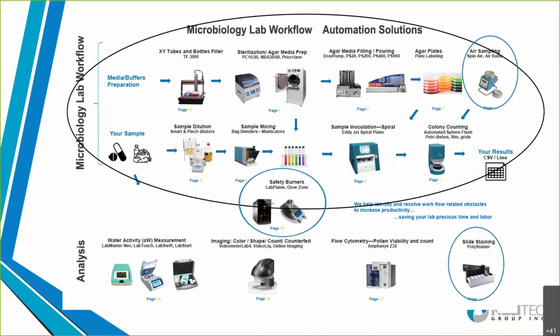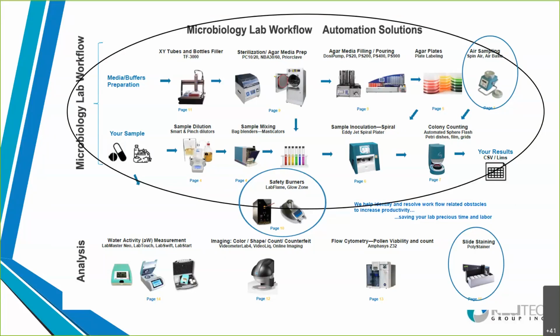In addition, a few solutions that I didn't mention but are related. We do provide an air sampling system where if you need to do any kind of environmental sampling, we can provide a solution for that, and then the results of that can be taken directly to the colony counter. So the two in combination are a very effective way to create an environmental testing protocol and methodology. We also provide safety burners for Bunsen burner options.